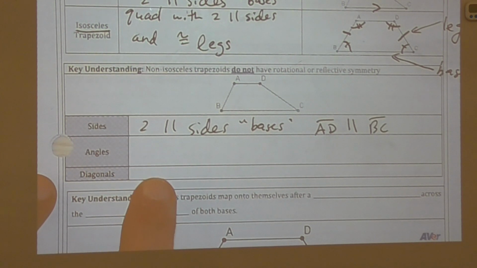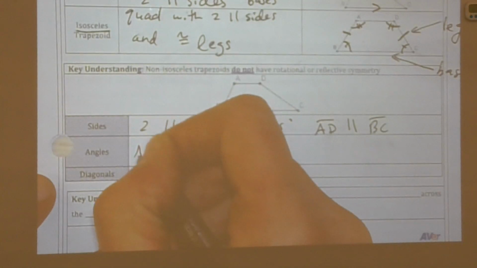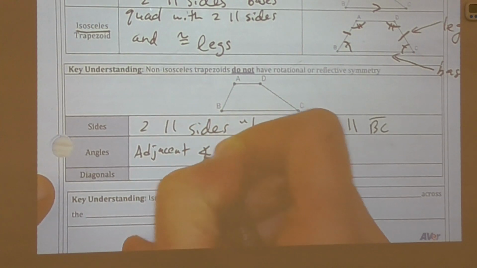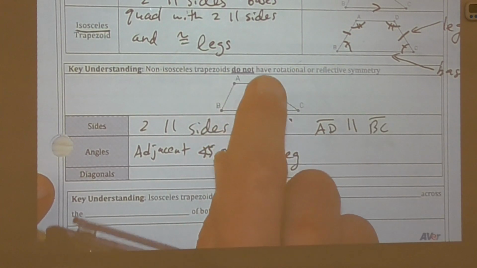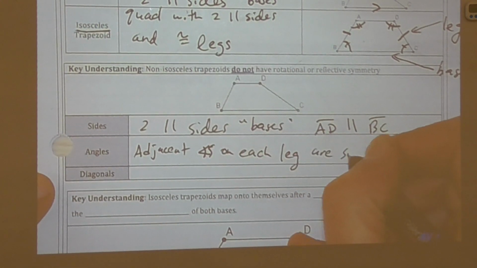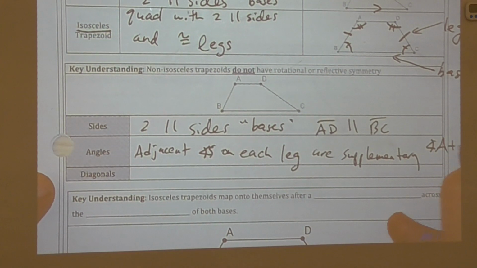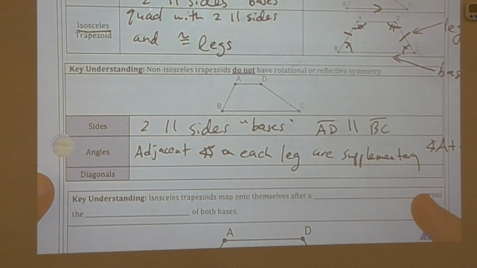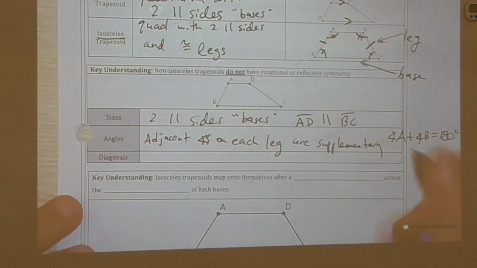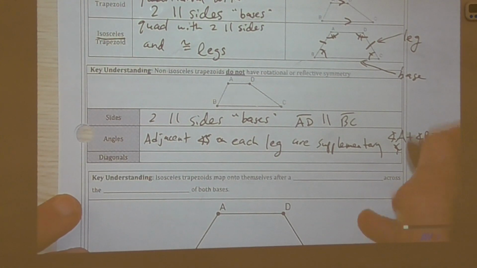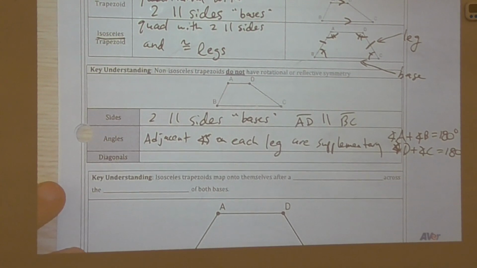Then the angles, the adjacent angles on each leg, again, these are legs, are supplementary. So that means angle A plus angle B equals 180 degrees. And that also means that angle D plus angle C equals 180 degrees.